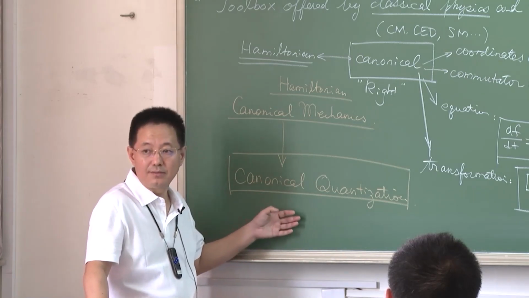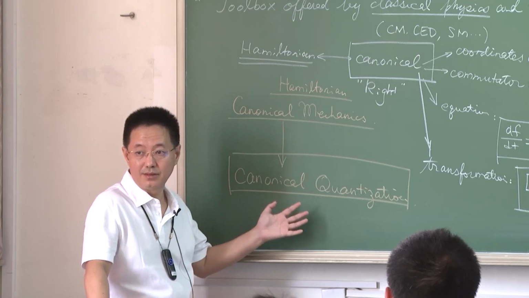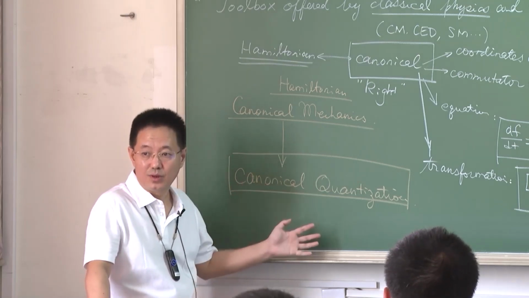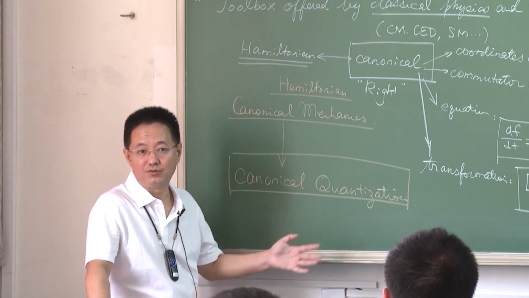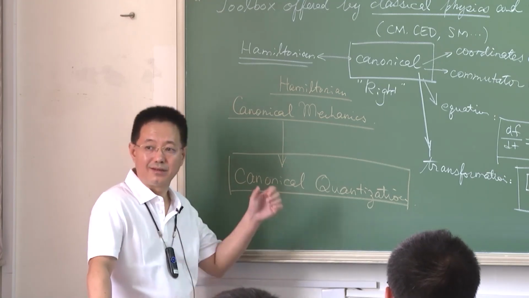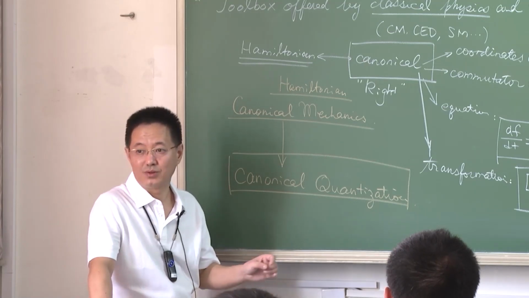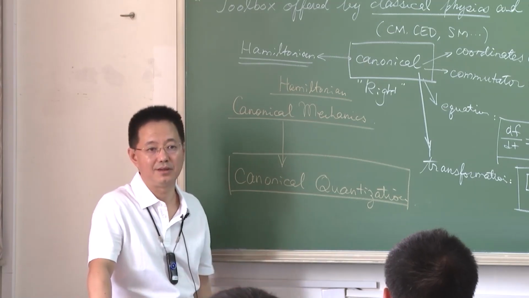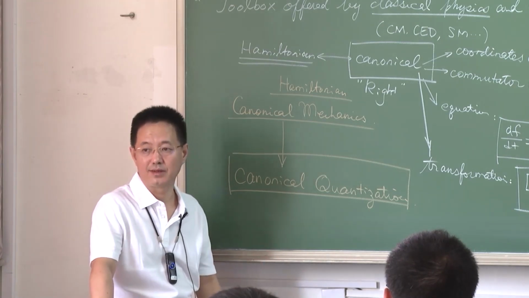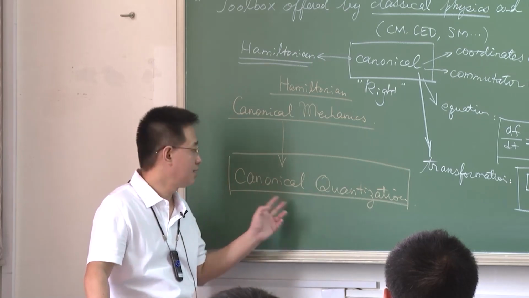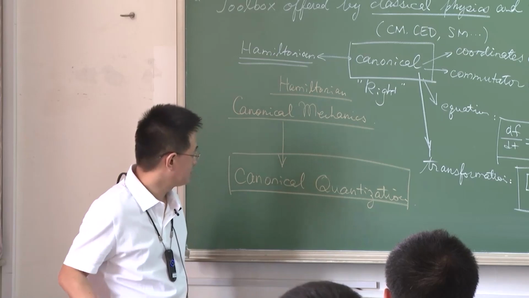But for a long time, people only had the Hamiltonian-based, or canonical quantization-based, quantum mechanics. So for this course, the canonical quantization is the major one. We do not spend much time on the Lagrangian, path integral, or propagator based quantum mechanics. We'll focus on the canonical quantization and this kind of non-relativistic quantum mechanics.